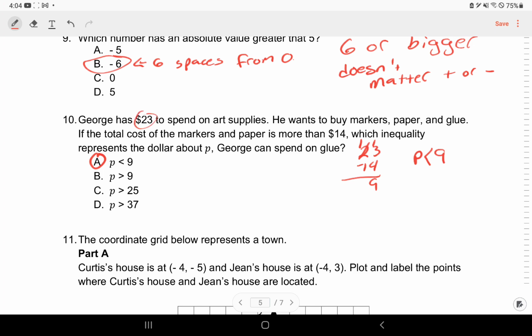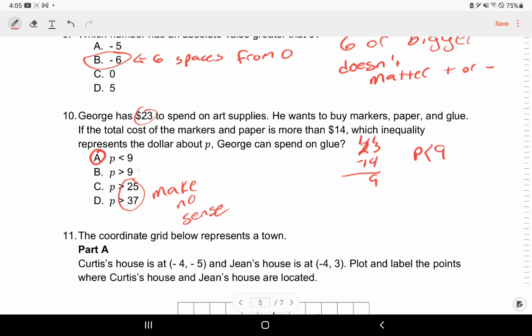And since we started with 23, these numbers make no sense. Spending more than 9 means that he would end up spending more than $23.